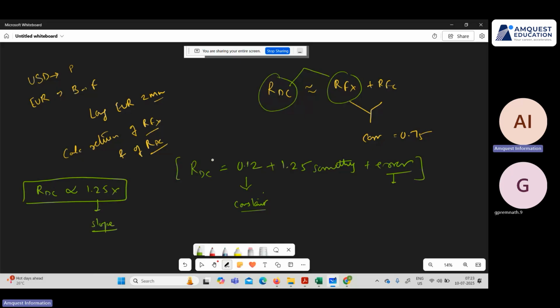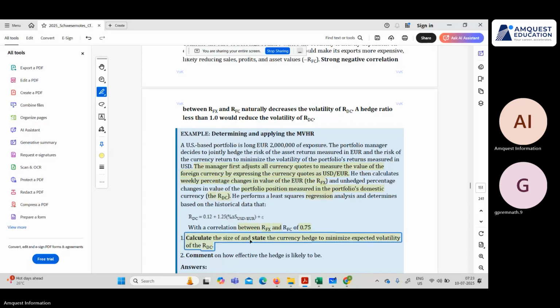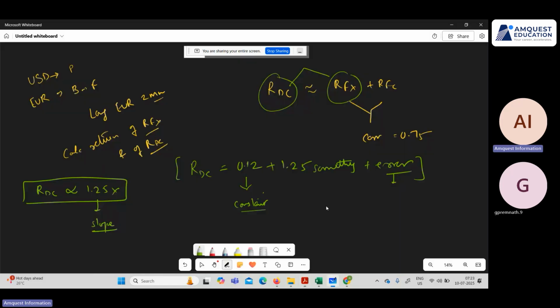Now, the important point here is we very well know that my hedging ratio is the slope of the returns between two things. I'm just talking very generically so that you will know how to identify a similar question in the exam.